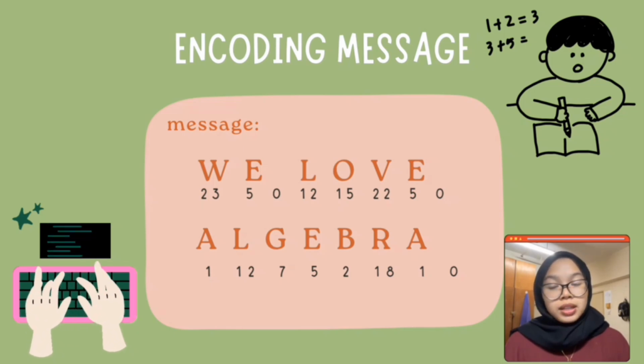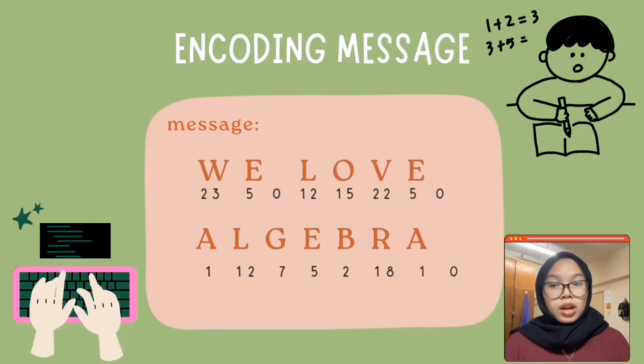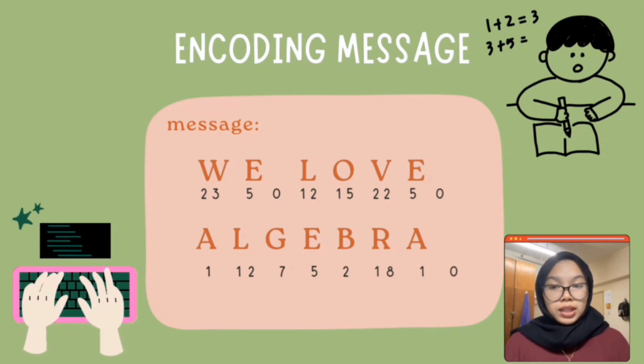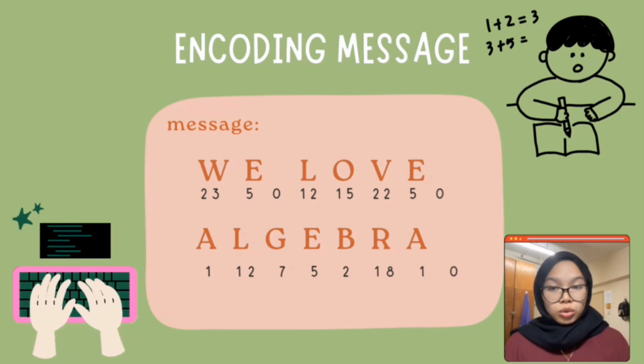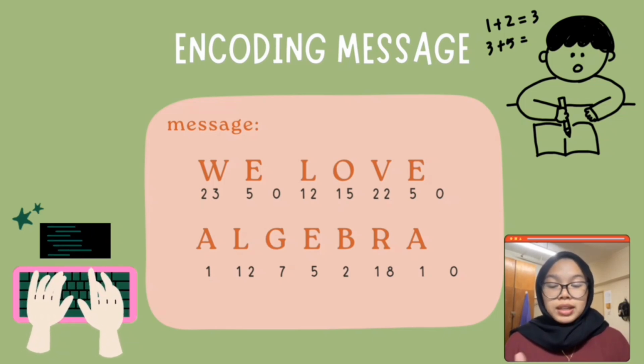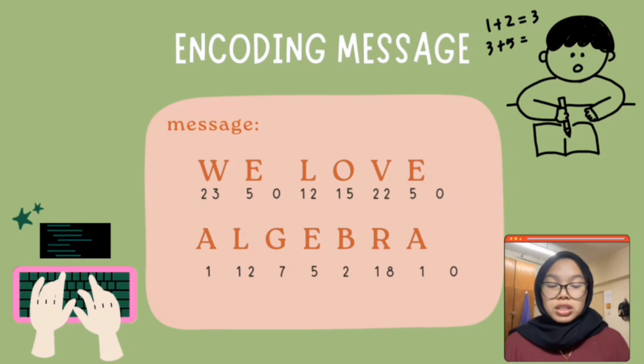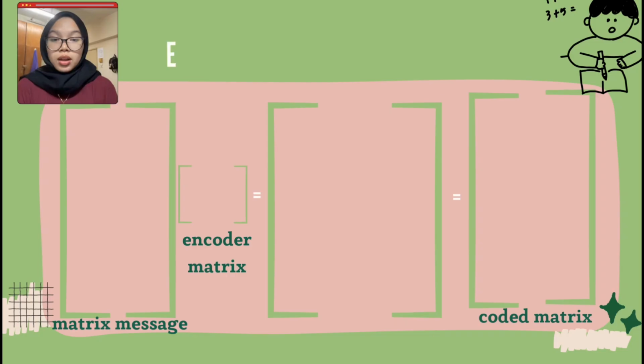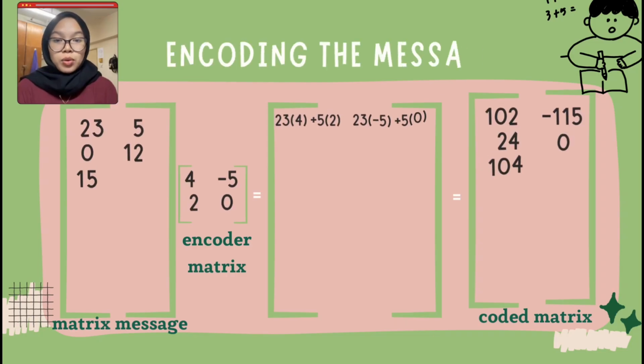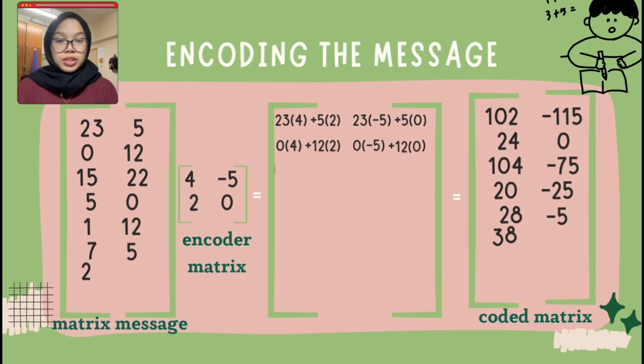For example, the word LOVE is encoded numerically as L equals 12, O equals 15, V equals 22, E equals 5. This numerical representation forms the basis for constructing vectors used in matrix operations. In this case, our message is "we love algebra."